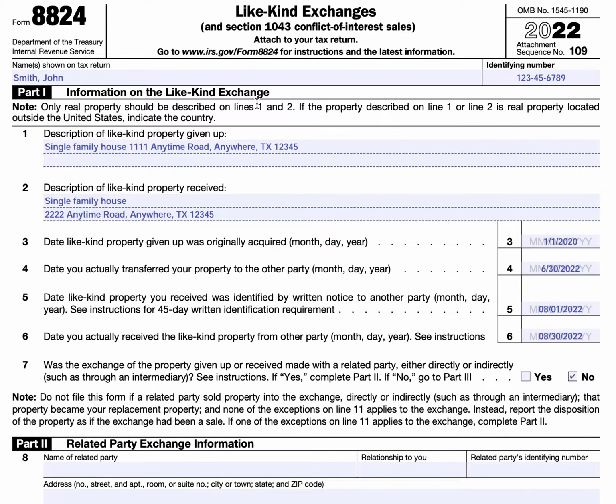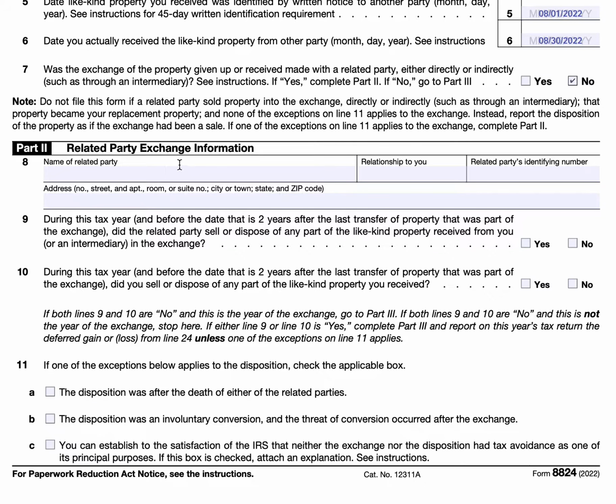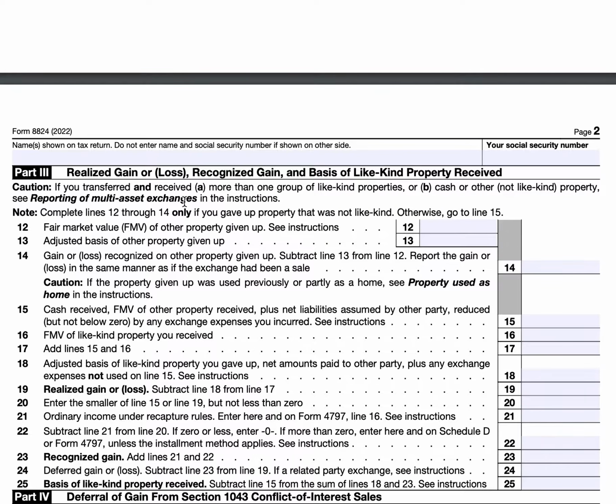Part 1, most taxpayers will fill this out. This is the information on the like-kind exchange. Part 2, related party exchange information. So you would only use Part 2 if there's a related party that you did this transaction with, in which case there are certain rules that you must follow. Part 3 is the realized gain or loss, the recognized gain, and then the basis of any like-kind property that you received.